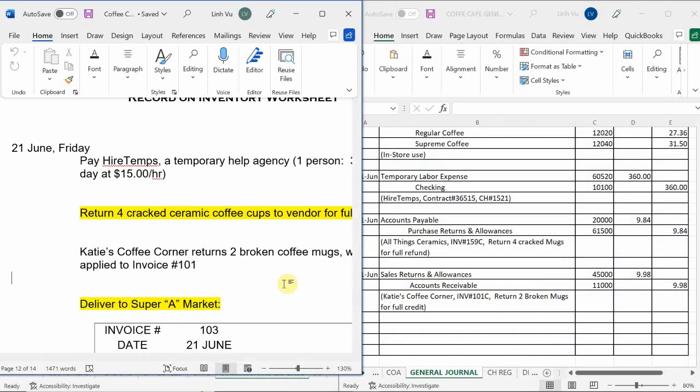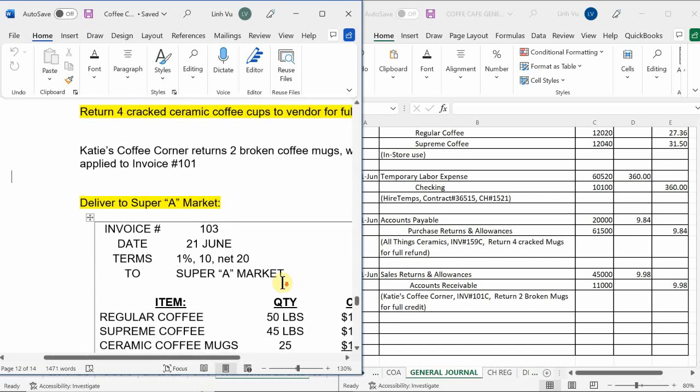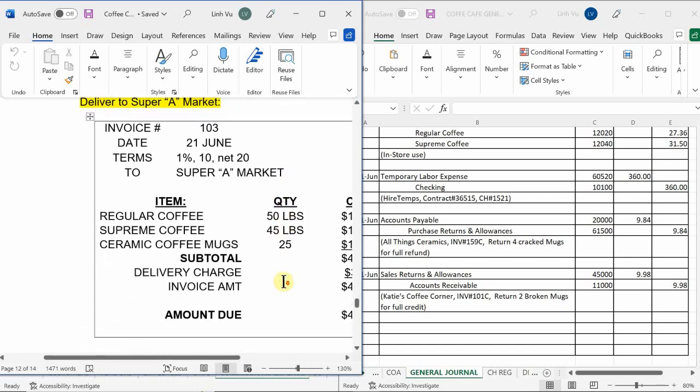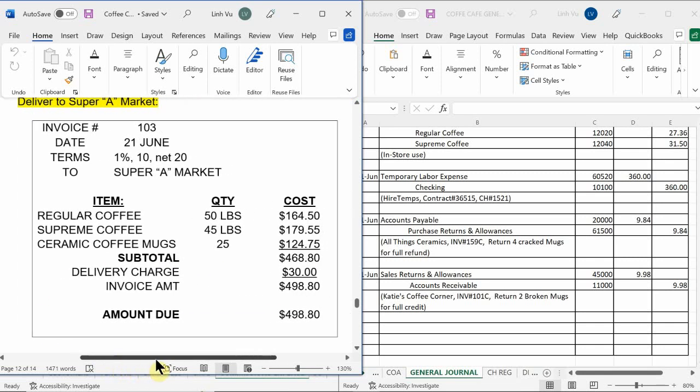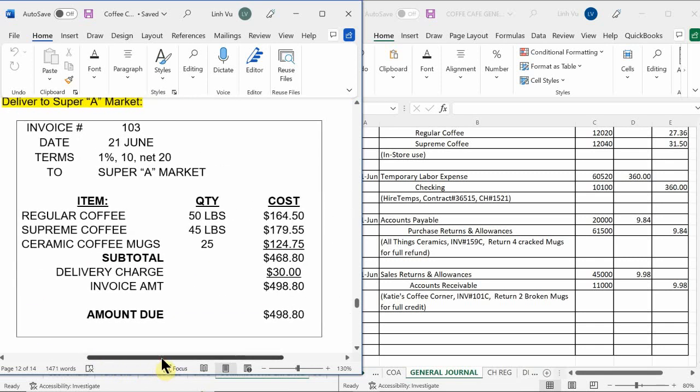All right, so let's go ahead and deliver to Super A Market. Let's go deliver to them. So here is what the invoice was. With invoice 103, they purchased 50 pounds of regular coffee, 45 pounds of Supreme coffee, as well as 25 ceramic coffee mugs.